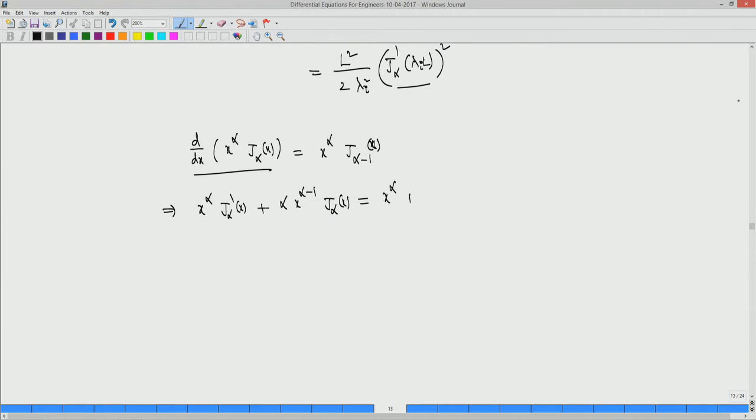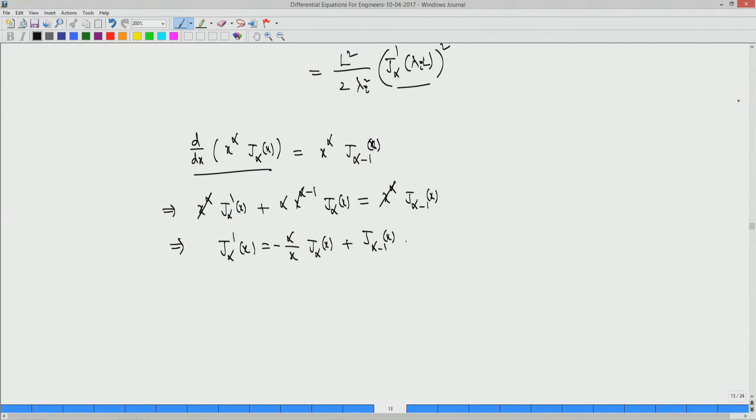You have x power alpha J_(alpha minus 1) of x. Now, you cancel x power alpha on both sides, to get J_alpha' of x equals minus alpha by x J_alpha of x plus J_(alpha minus 1) of x. So, this is what you get.